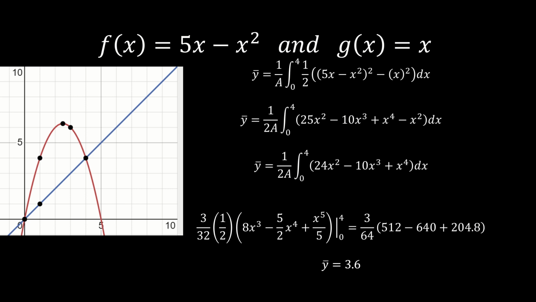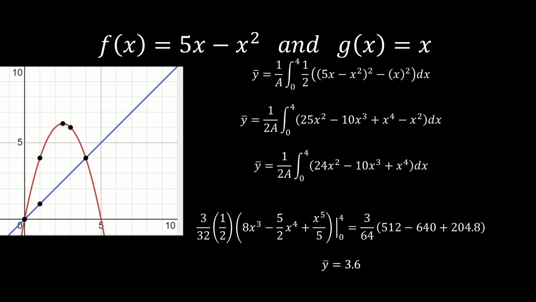Well, as we square the top and bottom function, we'll get 25x squared minus 10x cubed, and then plus x to the fourth, and all that is going to be subtracted by x squared. That eventually simplifies to just 24x squared, taking 25x squared minus x squared.